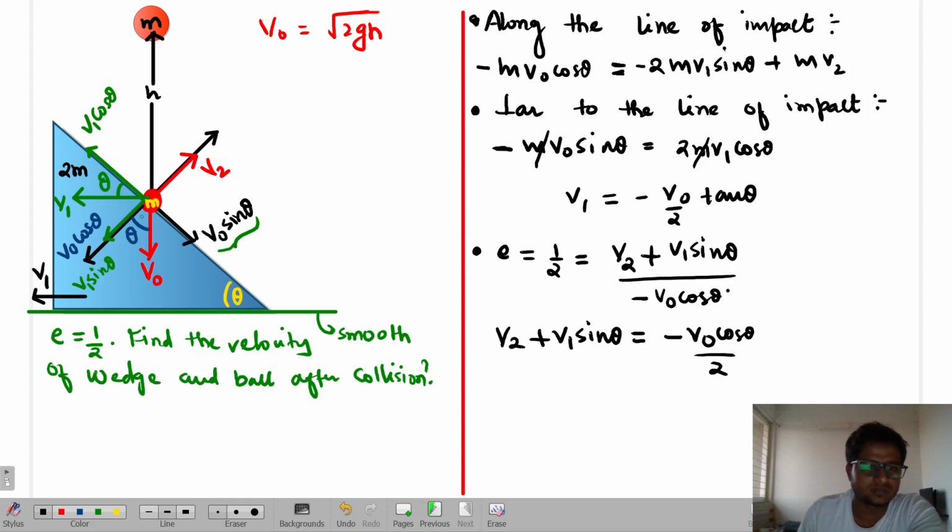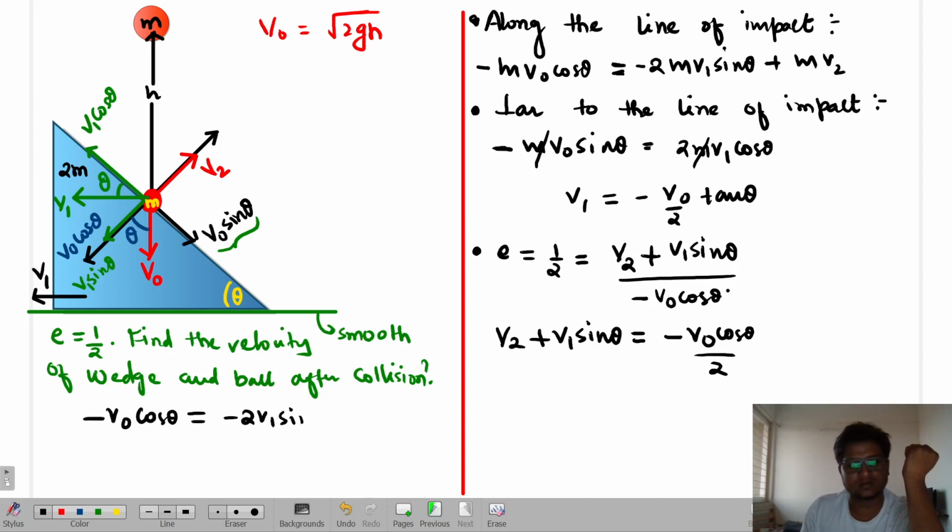Initial momentum was m v0 cos theta along this direction. I'm taking this as downward. Okay, let us go through the vector form only. So m cancels. It will be minus v0 cos theta is equal to minus 2 v1 sin theta plus v2.